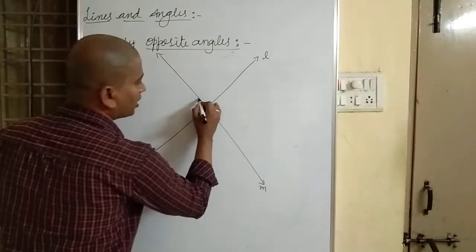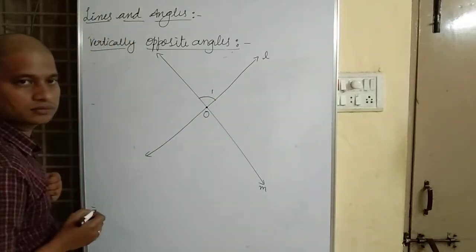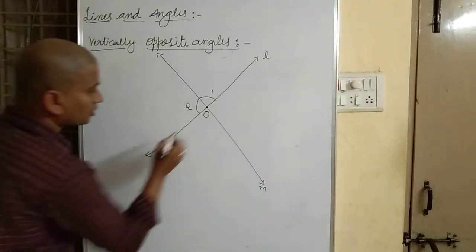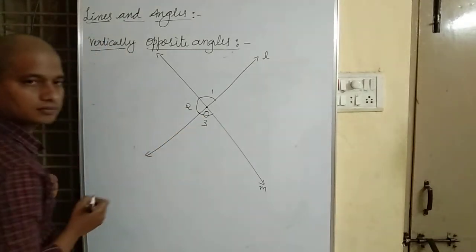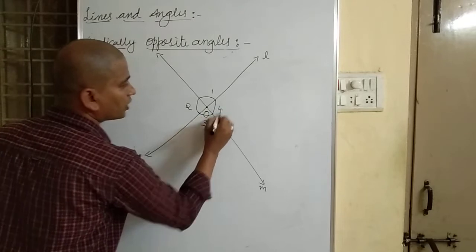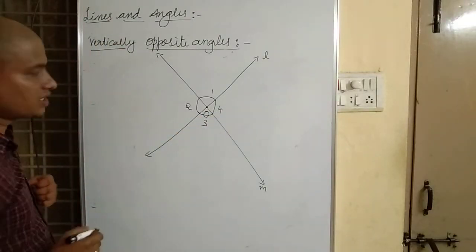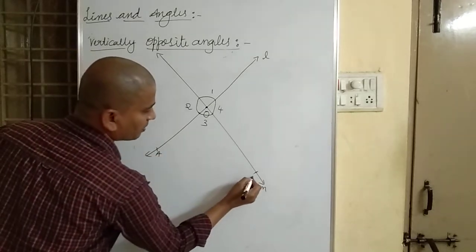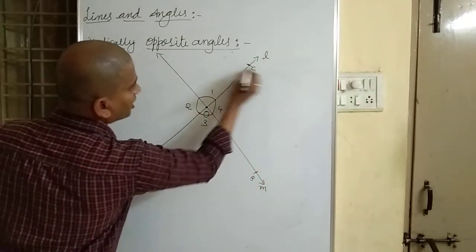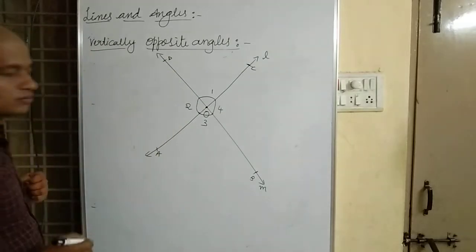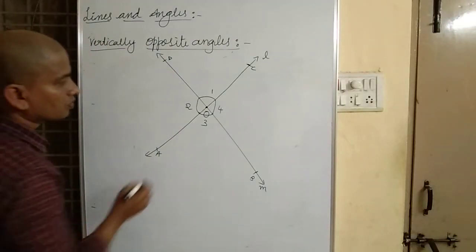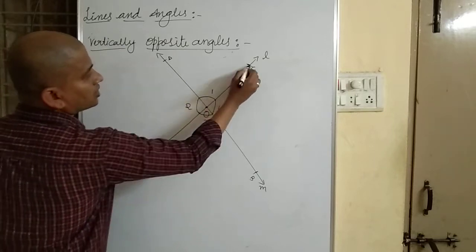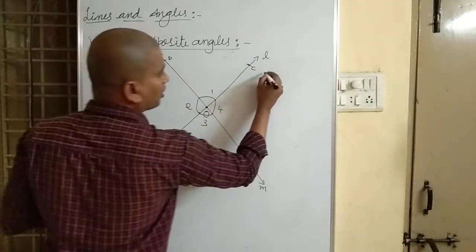Here is one angle, here is the second angle, this is our third angle, and this is our fourth angle. If I say this is A, this is B, this is C, and this is D, coming to the first angle, that is angle COD.